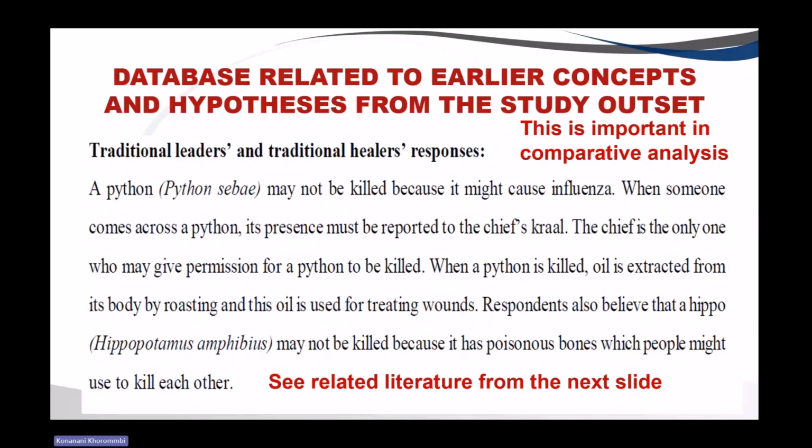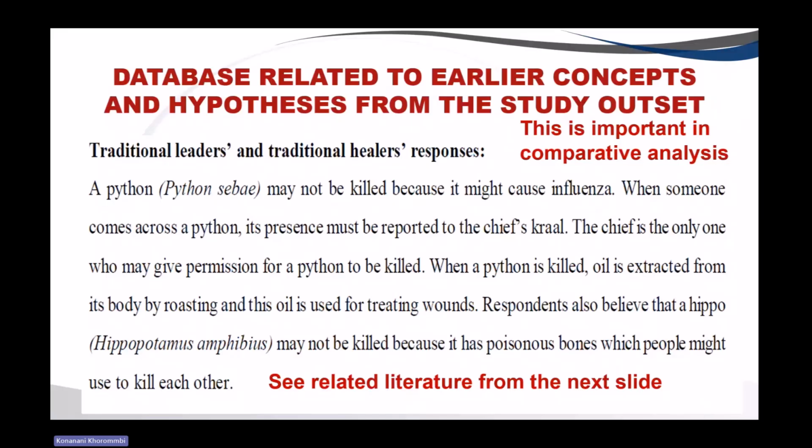They believe the chief is the only one who may give permission for the python to be killed. When a python is killed, oil is extracted from its body by roasting, and this oil is used for treating wounds. Respondents also believe that a hippo may not be killed because it has poisonous bones, which people might use to kill each other, or they can use this as poison.